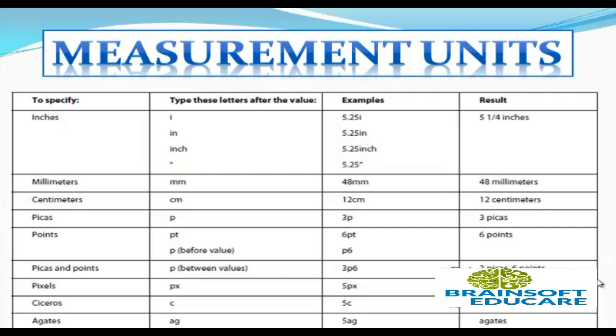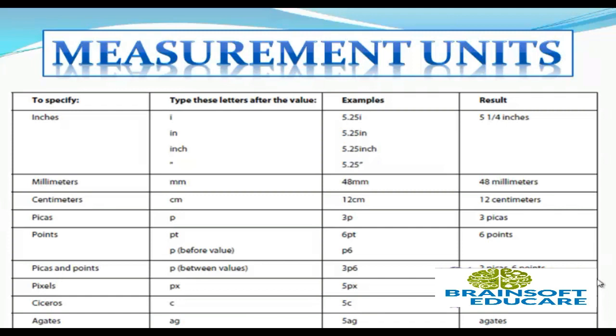In inches, we can write i, in, inch or a double quotation mark. For example, 5.25 i, 5.25 in, 5.25 inch.